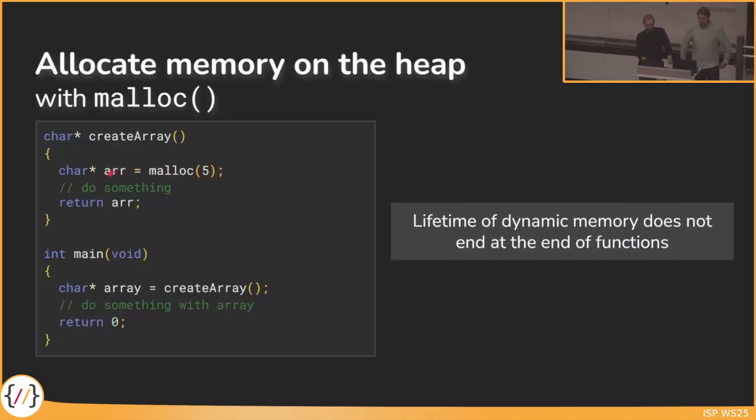We store it in a pointer. We return the pointer, and then we can also access it here. So the lifetime of this array we created here is not bound to the create array function, so it can be accessed afterwards. So this code, if you access the array here, will work.